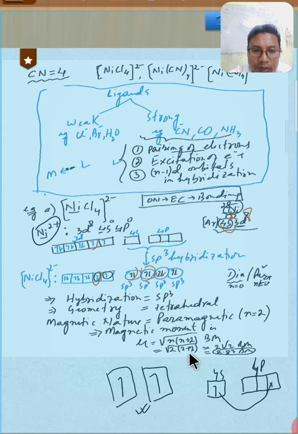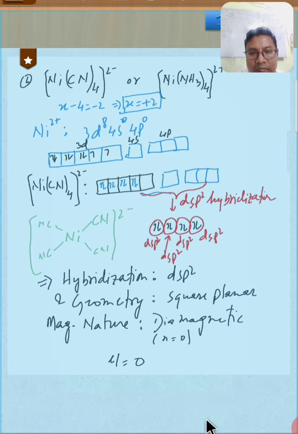When this is calculated, the value comes out to be 2 root 2, or 2.83 Bohr magneton. So magnetic nature will be paramagnetic, right? And geometry is tetrahedral. Let me go to the second example.